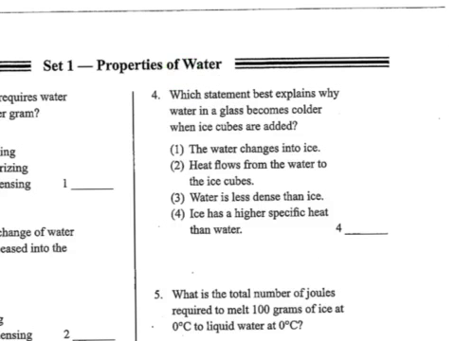Question number 4. Which statement best explains why water in a glass becomes colder when ice cubes are added? The important thing to remember with this statement is something that wasn't in the reading before, and that is the idea of sources and sinks.